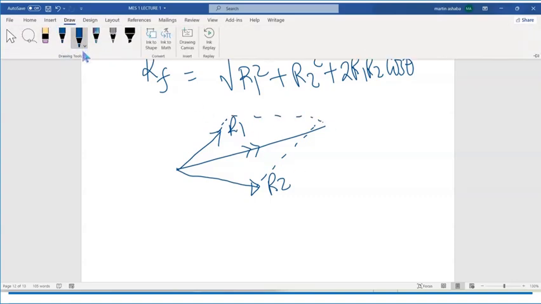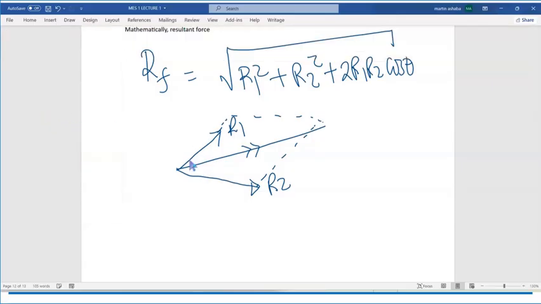This angle here is what we are calling theta, and alpha, this is RF. Alpha is the angle with which the resultant force makes with any of the forces.